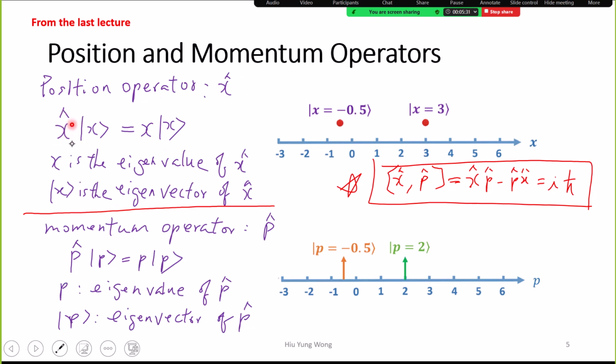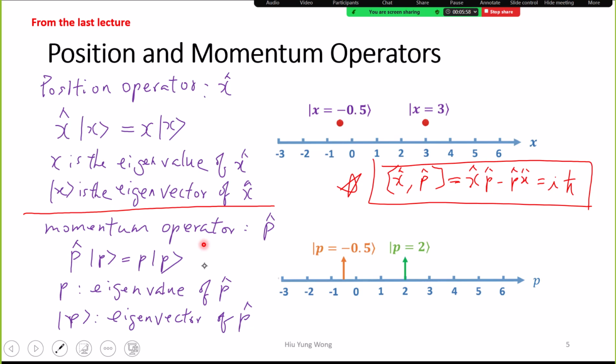It's so special because if you apply the position operator to any position state, you get a number times that position state. So the position state, whether your particle is at a certain position, is the eigenvector of this operator, and its eigenvalue is exactly the position that you have.